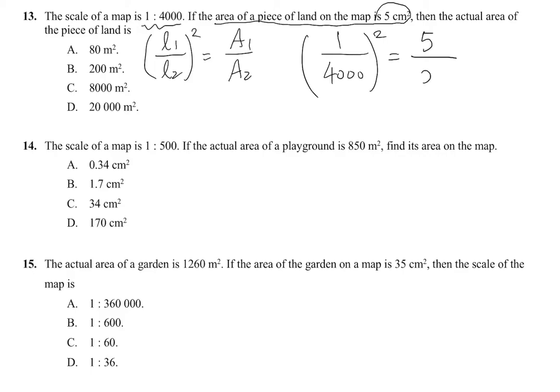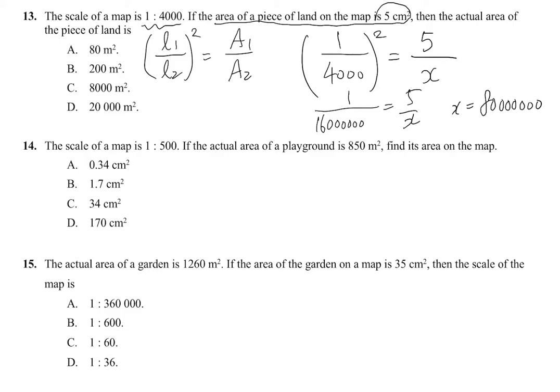We need to find the actual area, so we're finding A2, so let that be X. If you do the calculation on the calculator, there's 6 zeros with the 16, and then 5 over X. When you do the maths on that, it becomes 80 with 6 more zeros.